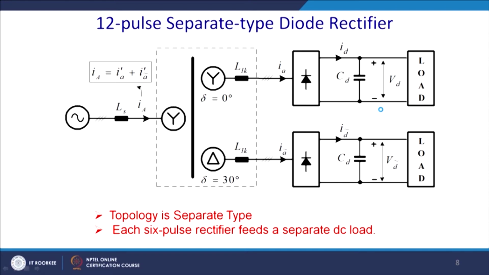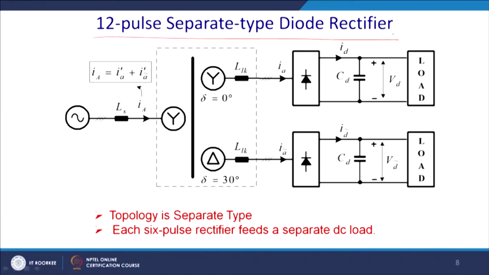So, series operation of the converter ultimately may be feeding a multi-level inverter for different kinds of speed drive, but with a 12-pulse separate-type diode rectifier. Anyway, we can have this parallel connection also.